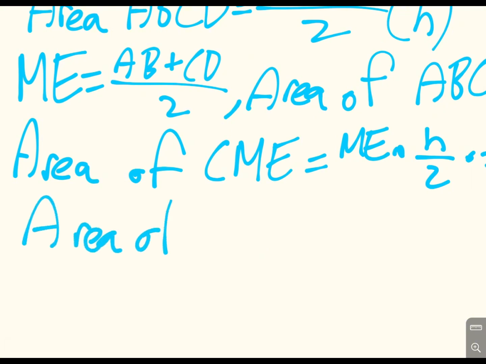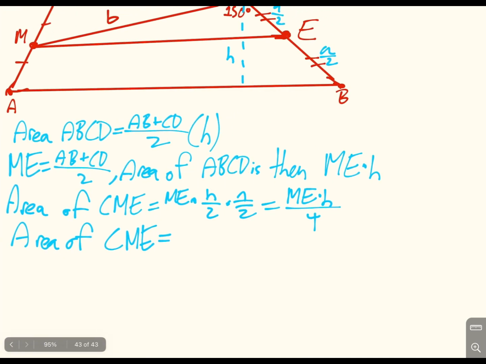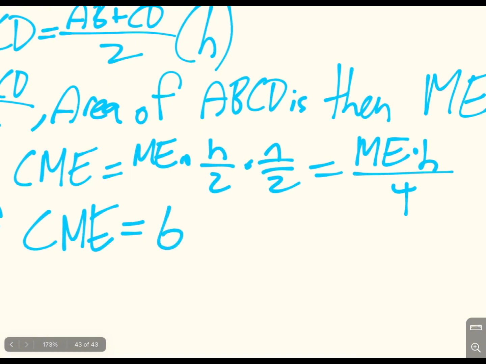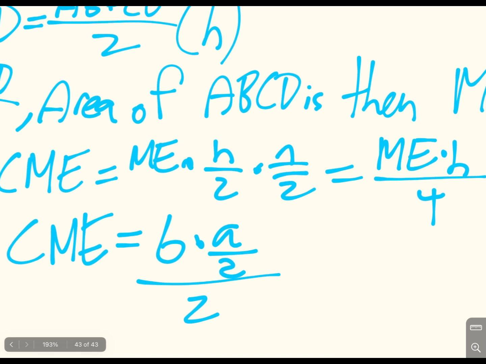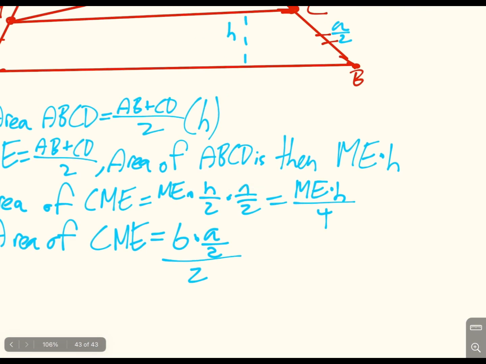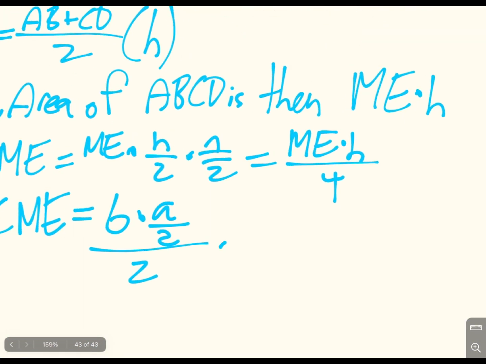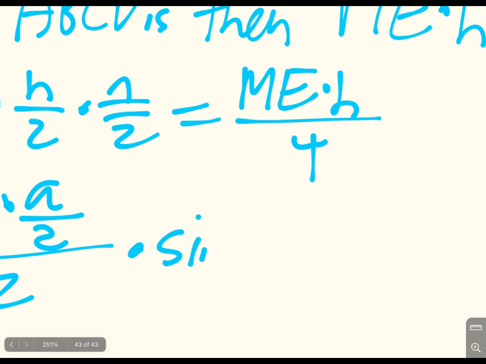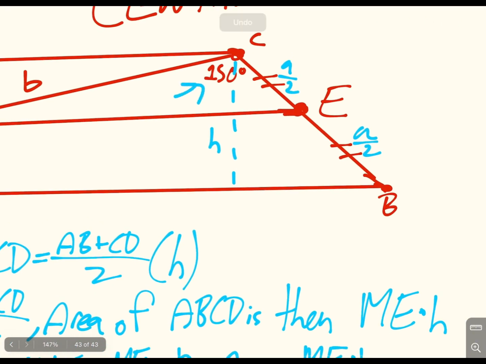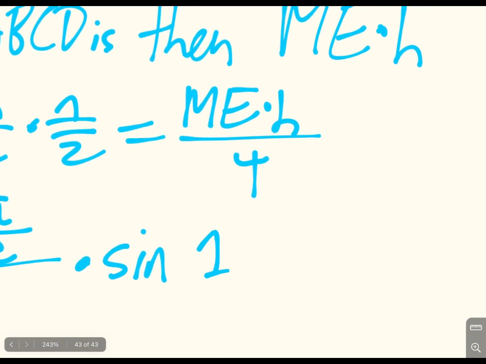Let's write here, area of CME. The formula for this in trigonometry is one side times the other side over 2. In this case, one side is B, and the other side is A over 2, because we're talking about the small triangle here, over 2 times the sine of the angle that lies between these two sides, which in this case is 150. So it's going to be sine of 150.